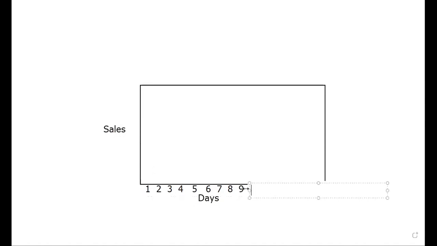This is some date and sales. You can say sales of 1 million, you can say 2 million, 3 million, say 4 million. And when this relationship is shown in a diagram, it is called a scatter diagram.